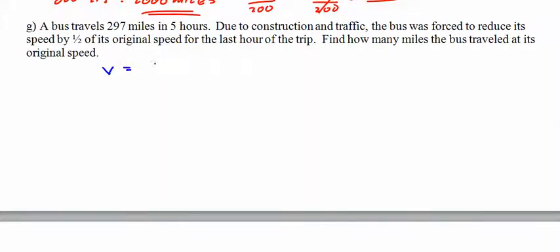Velocity equals distance over time. Distance equals velocity times time. So we have the original velocity times 4 hours plus half that velocity times 1 hour equals 297 miles.